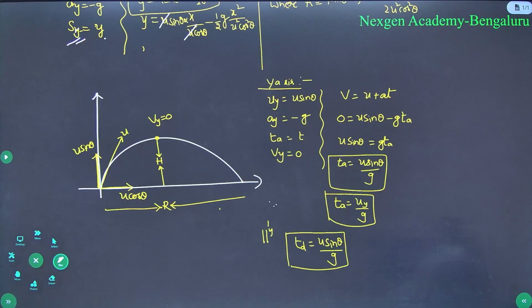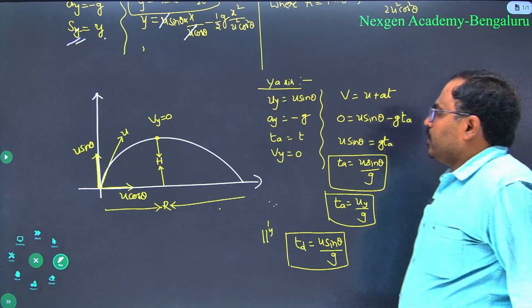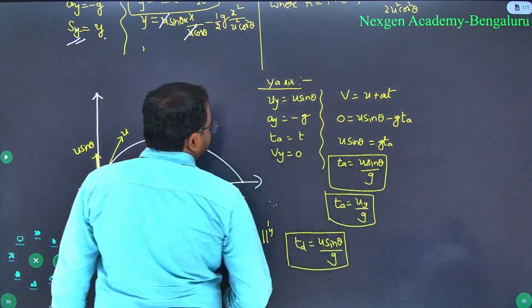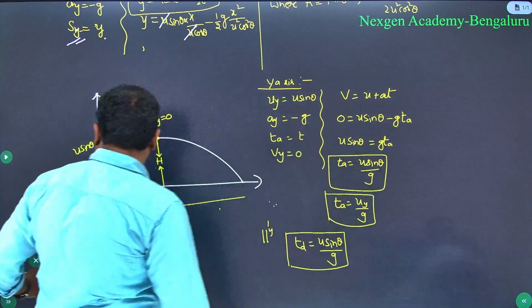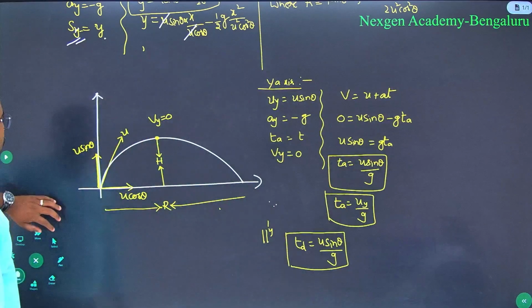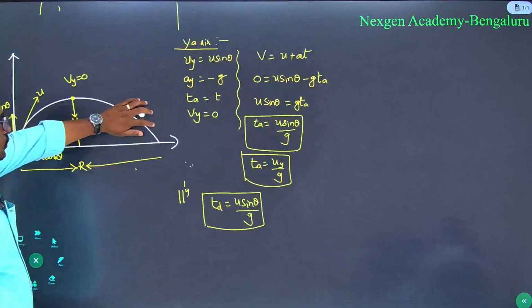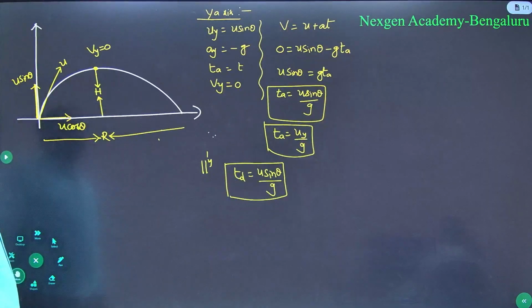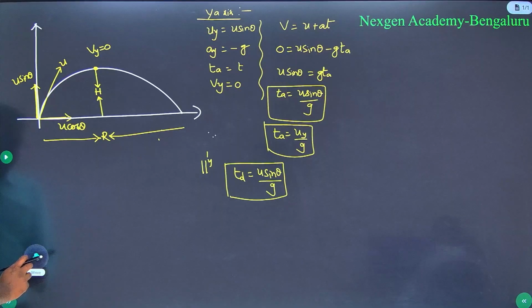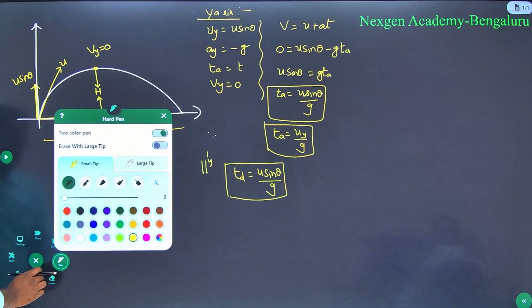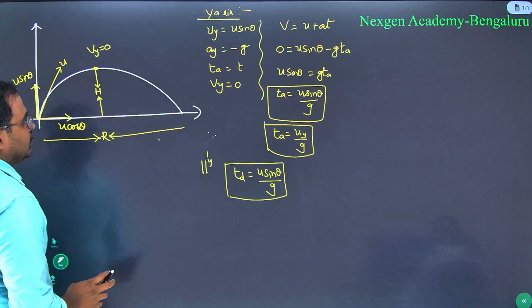Next one is maximum height. We will derive the maximum height, which is where the vertical component of velocity is 0. Here it is the maximum height.